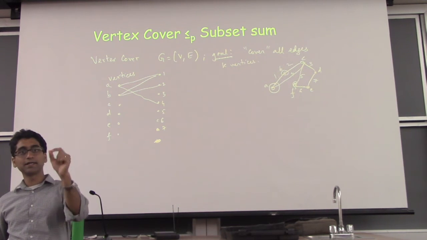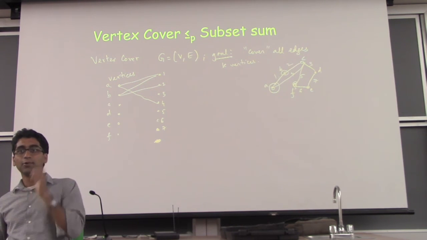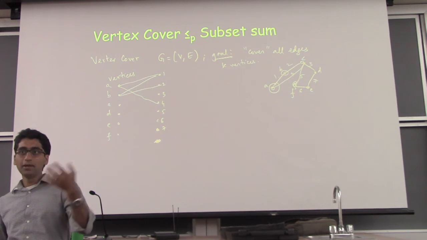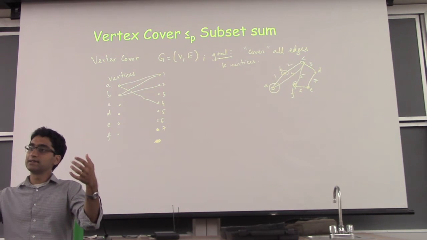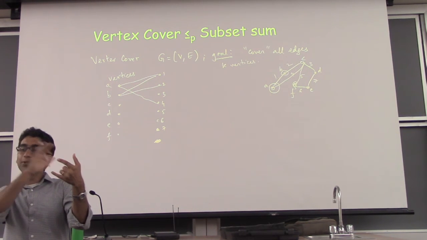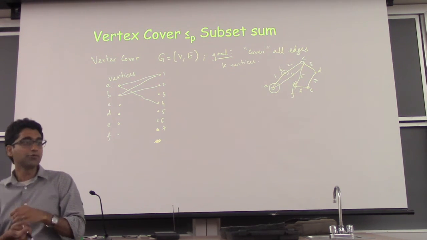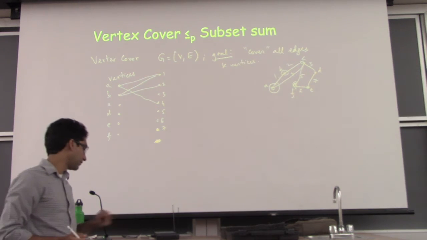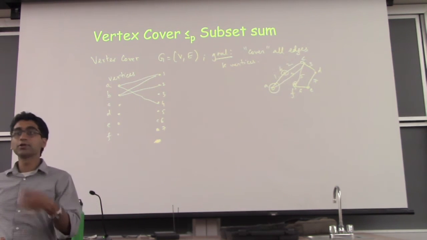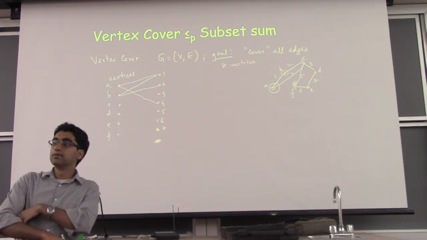And each vertex covers a bunch of edges. For a vertex cover you have this guarantee that every edge has at least one vertex incident to it, right? So how can you formulate vertex cover? So I have K and I want to see if there's a vertex cover of size K.